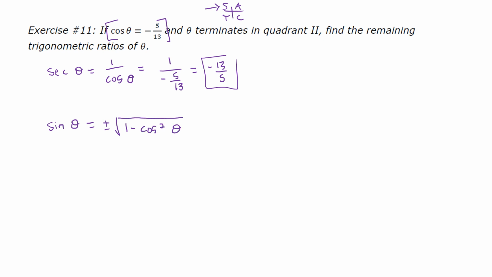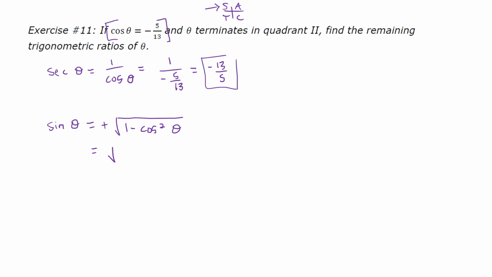I chose this one because I know what cosine is, so I'll use the identity that allows me to get sine using the value of cosine. Since I'm in the second quadrant, I know that my value is going to be positive, because sine is positive in the second quadrant. So I don't need plus or minus because I know it's just going to be positive.